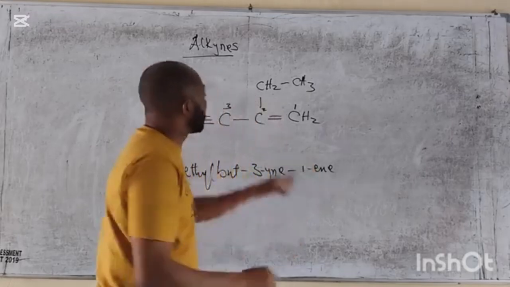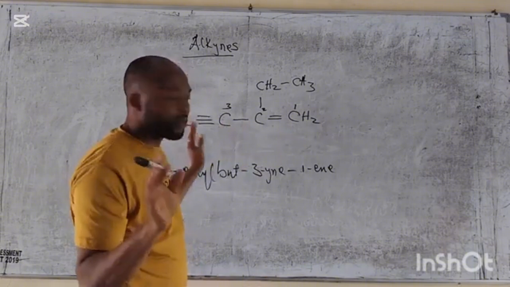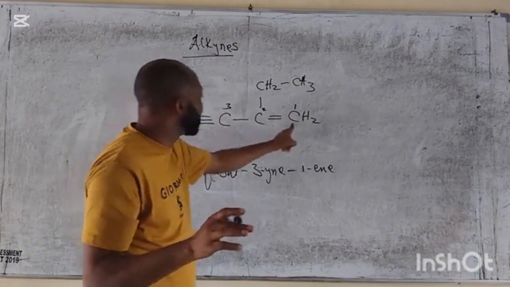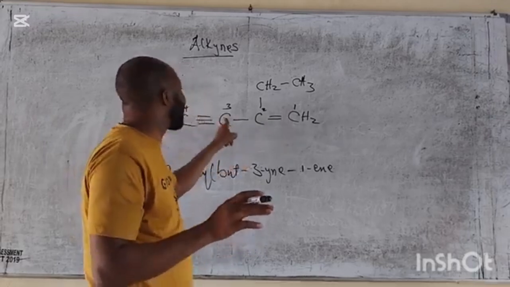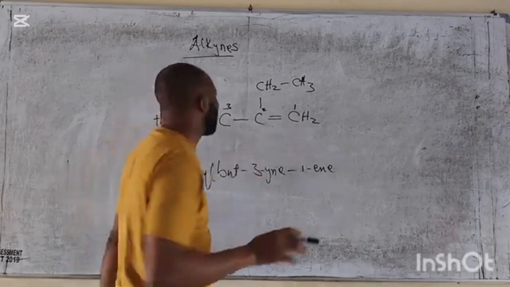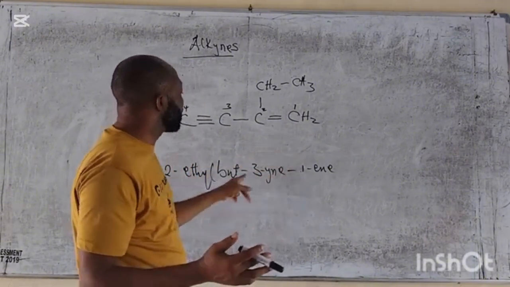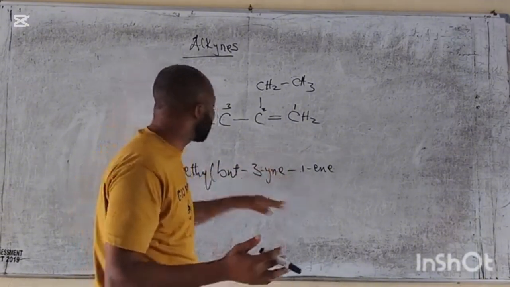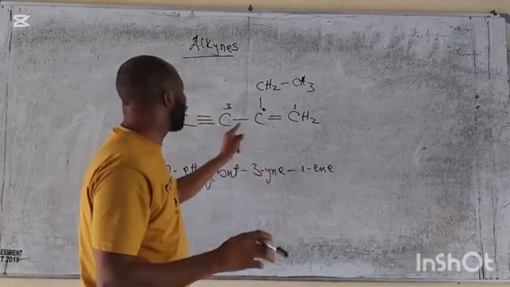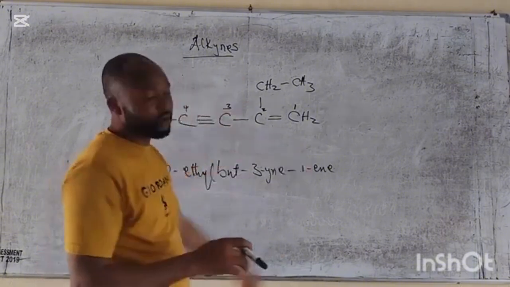Now, but-3-yne, 1-ene, because the triple bond is in 3 and the double bond is in 1. So it becomes 3-yne, 1-ene. By so doing, I have this. If you want to name it the other way, it becomes 2-ethyl, 3-yne, 1-ene. If you want to put butene or butyne, it becomes confusing. So that is why we must start with the ene first, unlike the reverse.